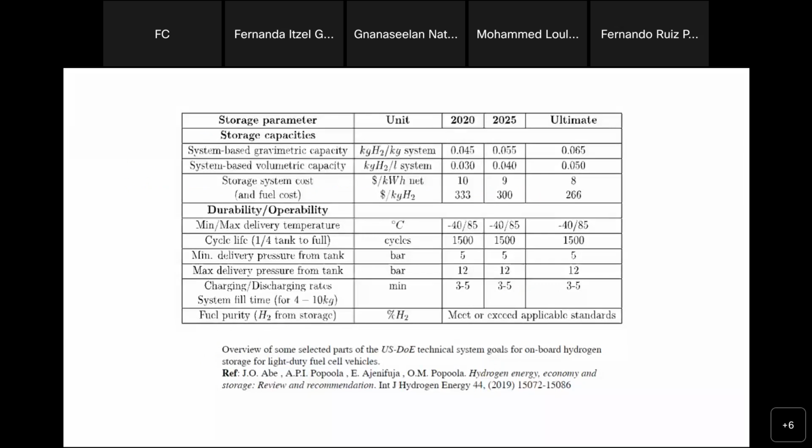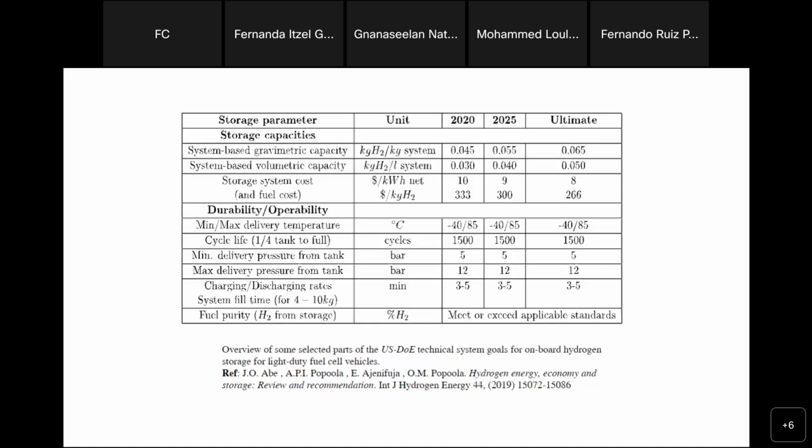For efficient use of hydrogen storage, the US Department of Energy has defined some criteria for onboard hydrogen storage. The storage system must have a very high gravimetric capacity, about 5.5 weight percent, and a very high volumetric capacity, about 14 gram per liter.